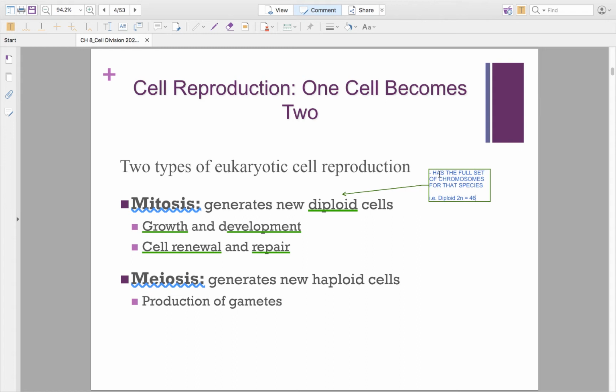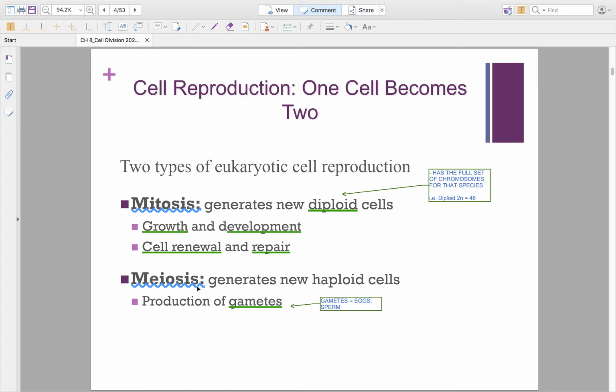Alrighty, meiosis. Meiosis is used for one reason and one reason only, for the production of gametes. Gametes are the sex cells. I want you to know this term, gametes, because I'm going to use it. These are the sex cells, like eggs and sperm, the reproductive cells.